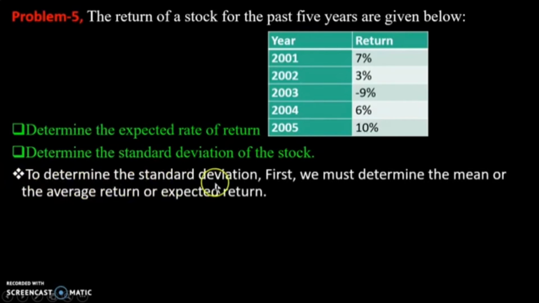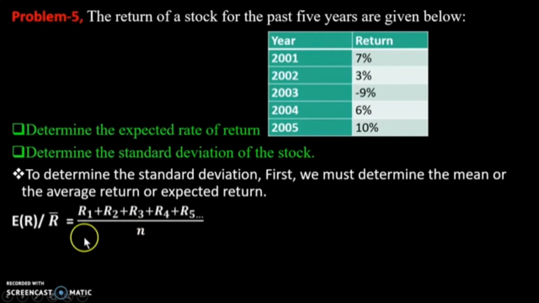To determine the standard deviation, first we must determine the mean, or expected return, or average return, because the standard deviation formulas need the expected return, or R bar. So we first calculate expected return, or R bar, using this formula.